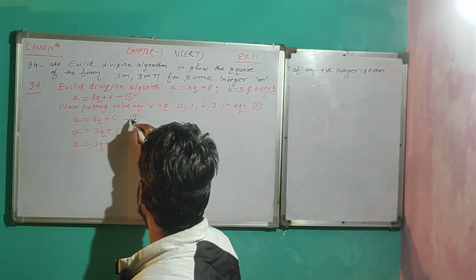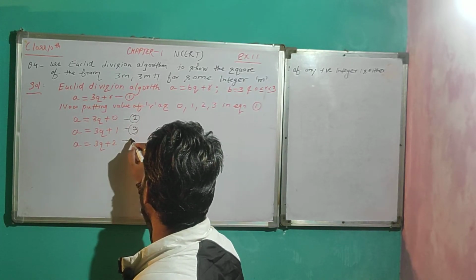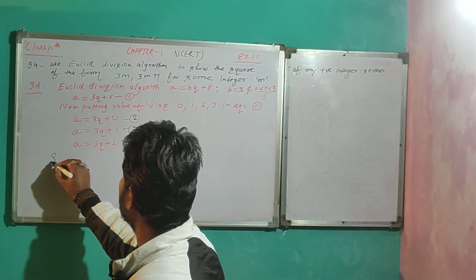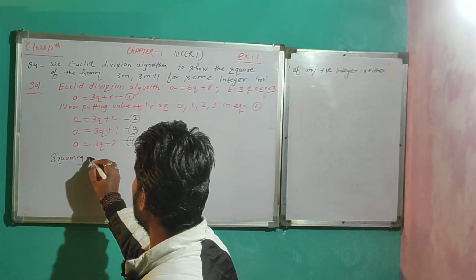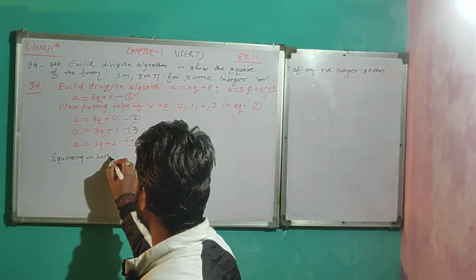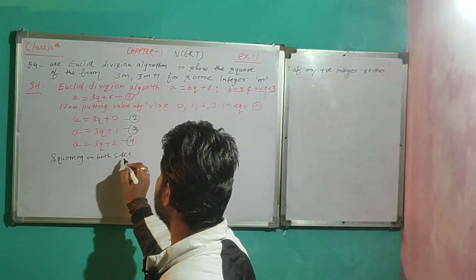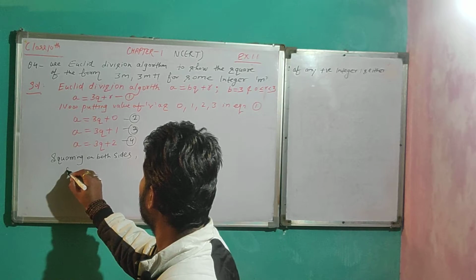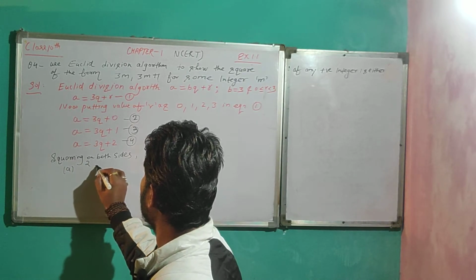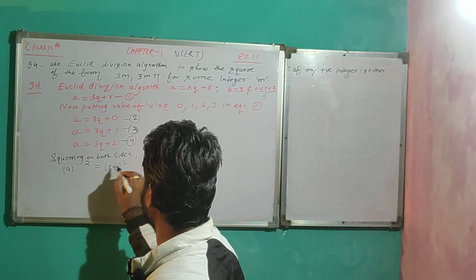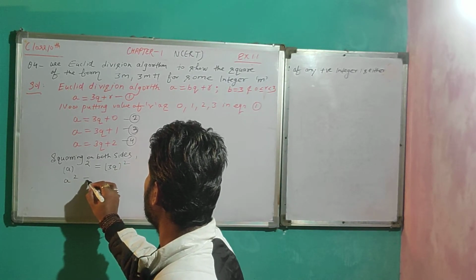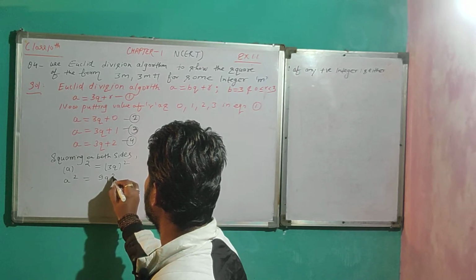Suppose this is second, this is third, and this is fourth. Squaring on both sides, we get a square is equal to 3q square, which gives a square as 9q square.